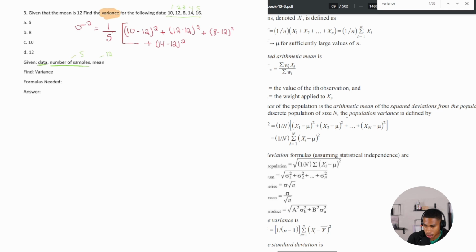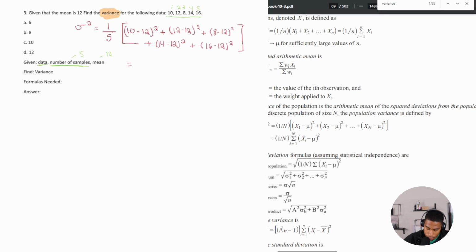And then plus 16 minus 12 squared. And this will give us a value which equals 8.